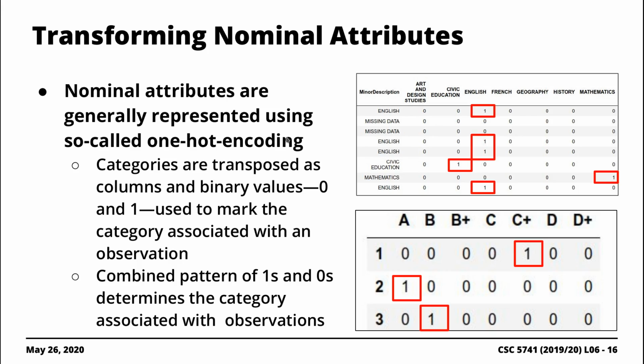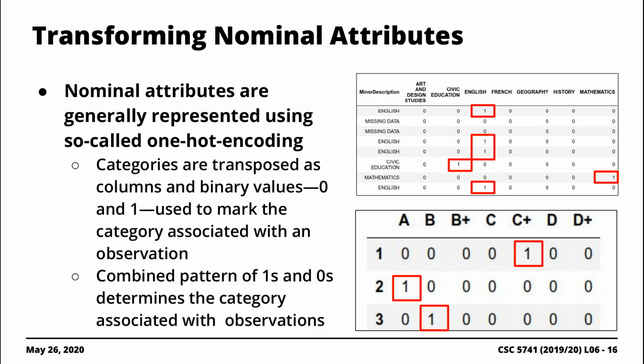So essentially, one-hot encoding will transform a label into a transposed format that allows you to use a flag to signal what sort of label you are associating to that particular observation, right? It's a very trivial process, really.